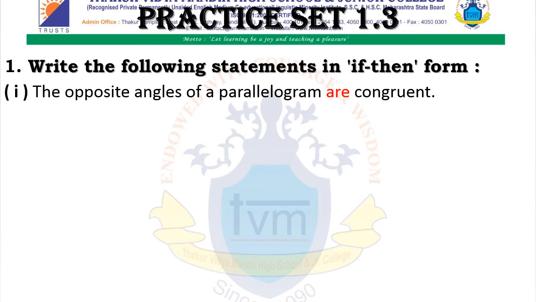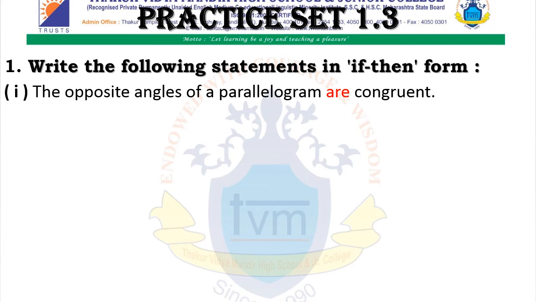Congruent. So congruent will be the consequent of the statement. Consequent means the part which follows the word then. So what is congruent in this statement? Opposite angles are congruent. So the opposite angles are congruent is the consequent of this statement that we will write after the word then.